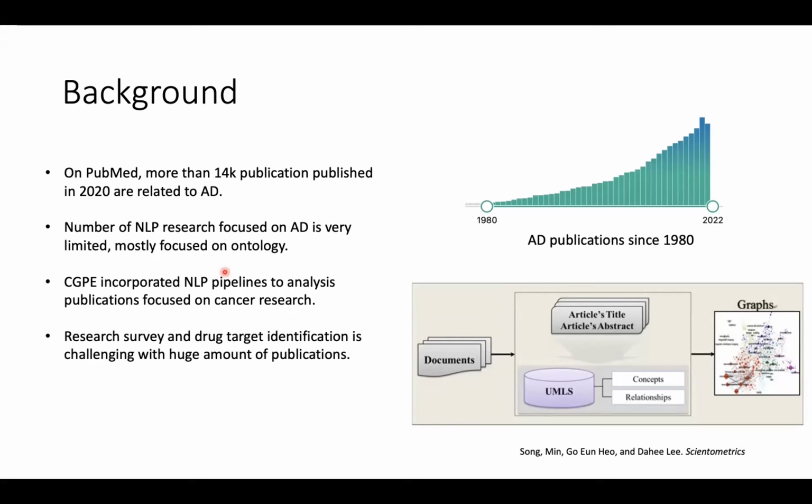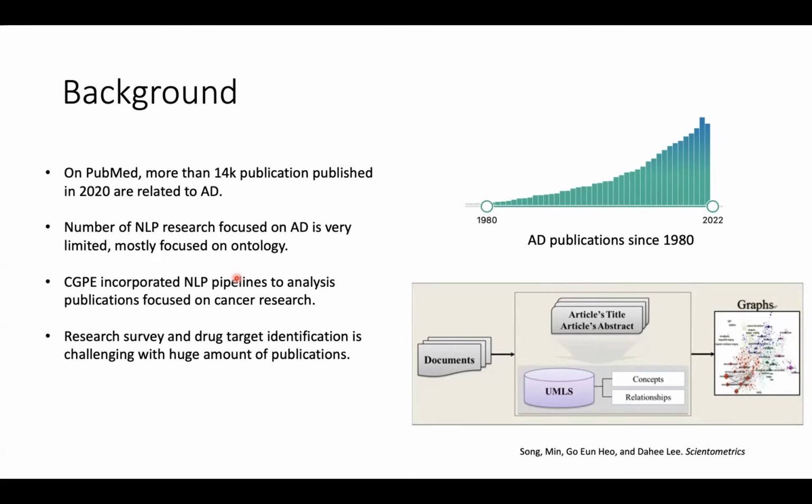In that project, we also included some natural language processing pipelines to identify information for cancer research, trying to categorize the publications and provide some insights on the publication trend in recent years. And the research survey and drug target identification is challenging for AD research right now, because we don't even have a certain or very well-performing target for AD treatments.